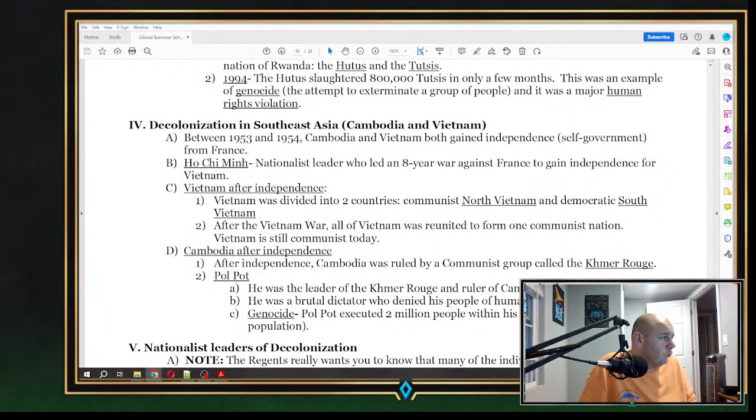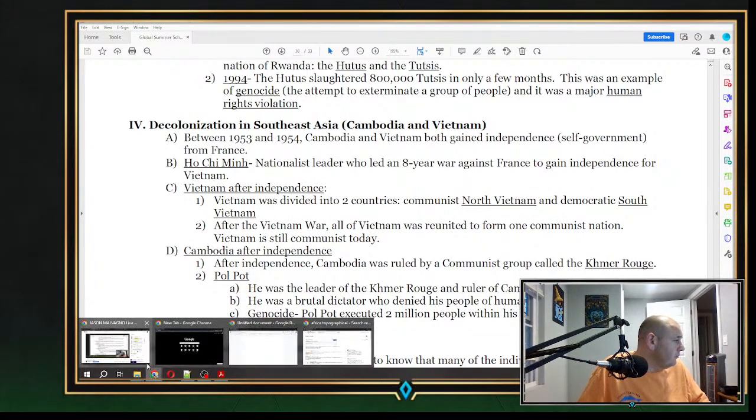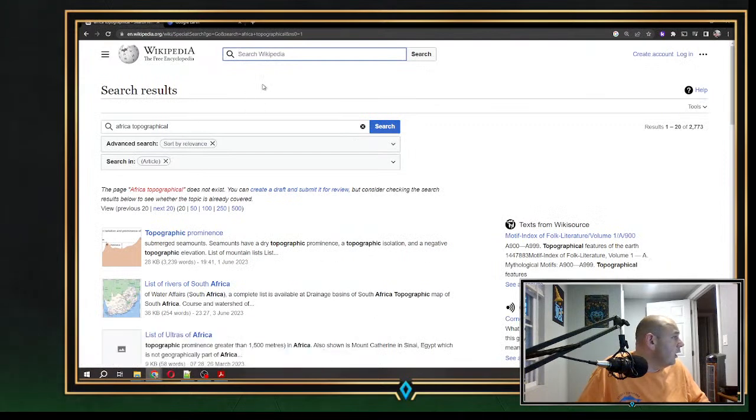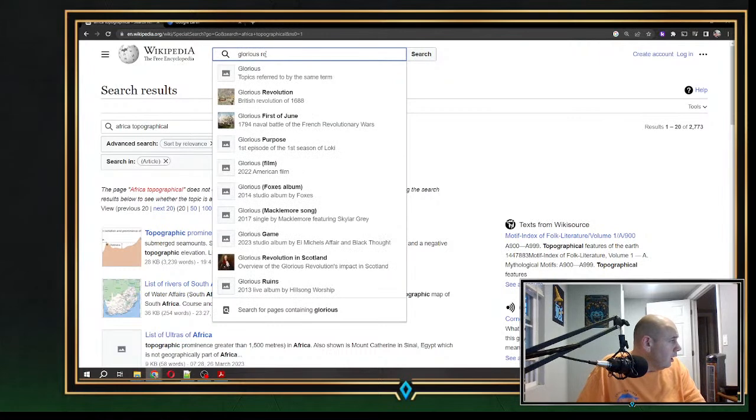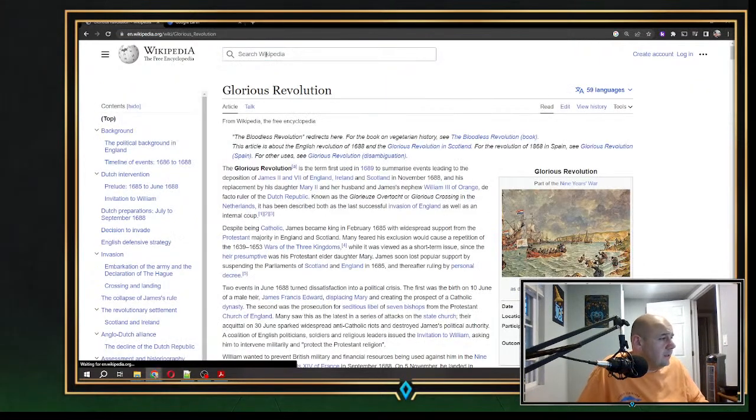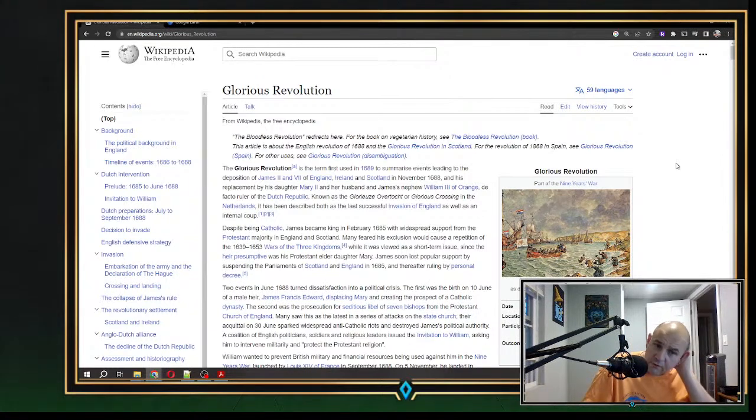Can we do an overview of the Glorious Revolution, Charles? Sure. The Glorious Revolution was a changing of power in England. Let me throw some dates on there for you. Basically, the British monarchs had a history of going back and forth in the 1500s and 1600s between being Catholics and being Protestants.